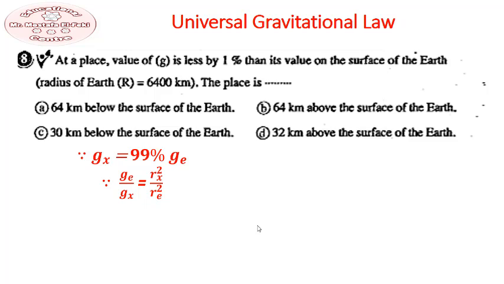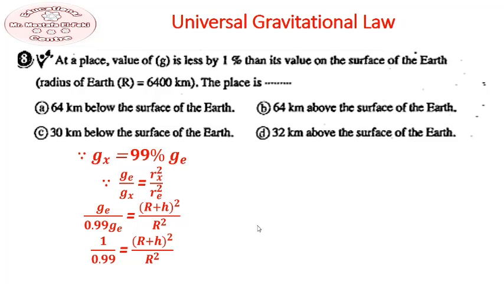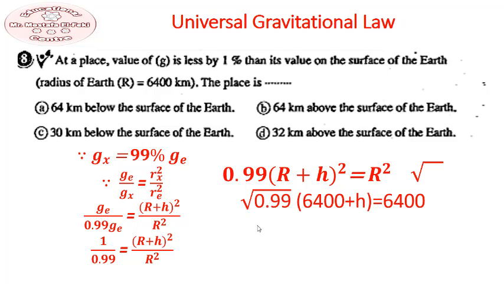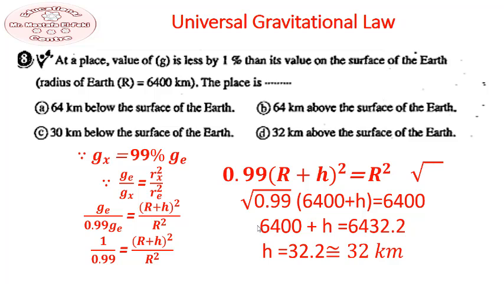Since the gravity of the Earth divided by the gravity at this point x equals rx to the power of 2 divided by r of the Earth to the power of 2, then by substituting the numbers, cancel g of Earth with g of Earth, cross multiplication, and taking the square root of the two sides, rx equals 6400 divided by the square root of 0.99, then h is approximately equal to 32 kilometers.